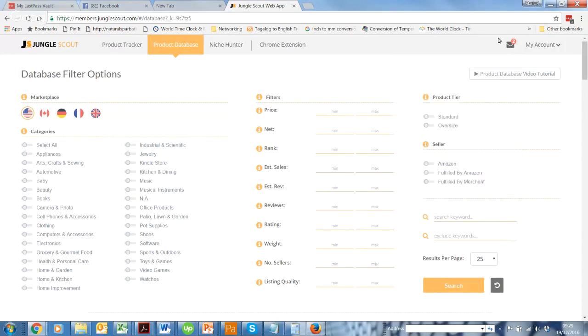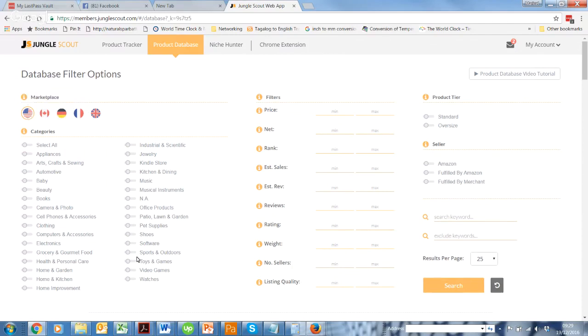But the updates are over here. It's now including the USA, which they've always had. They've now got Canada. They've now got Germany. They've now got France and the UK. So they're the big changes. Just recently, probably over the last week, they've rolled out these different marketplaces. But we're going to stick with the US for now.